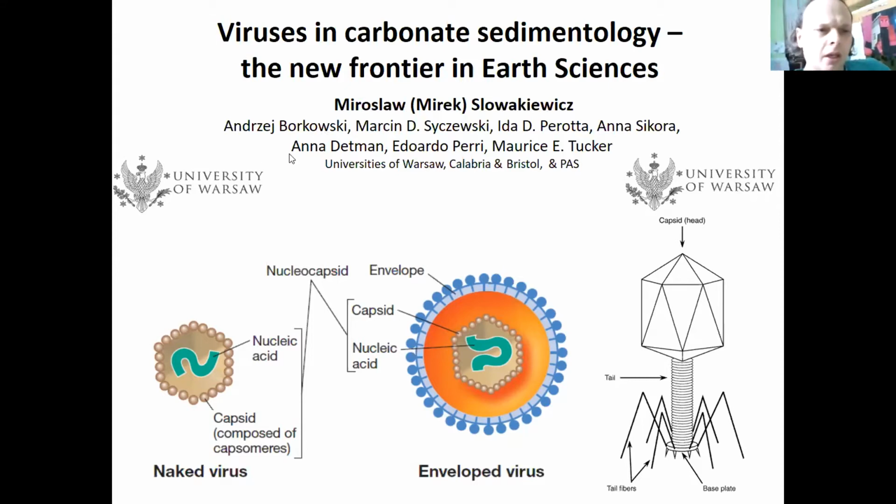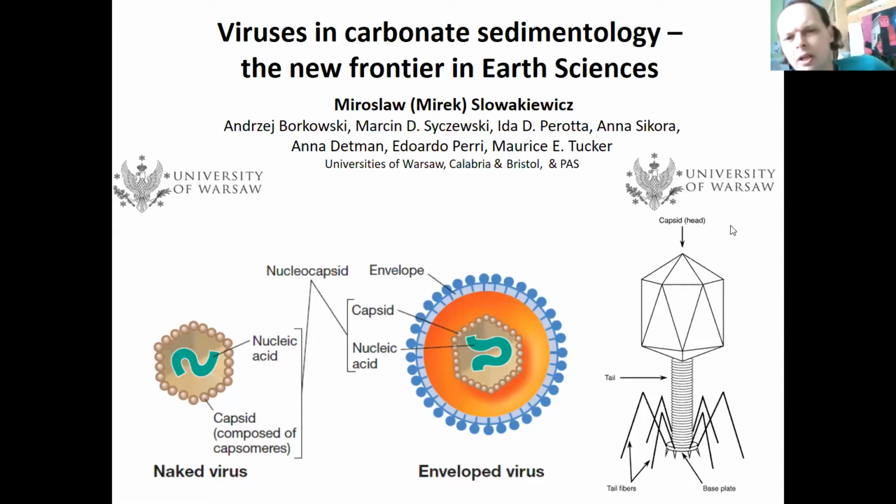More common in natural systems is this form, a naked virus, which, as you can see, simply doesn't have this envelope, this membrane, and it simply contains a capsid, and I will tell you more about this capsid later.